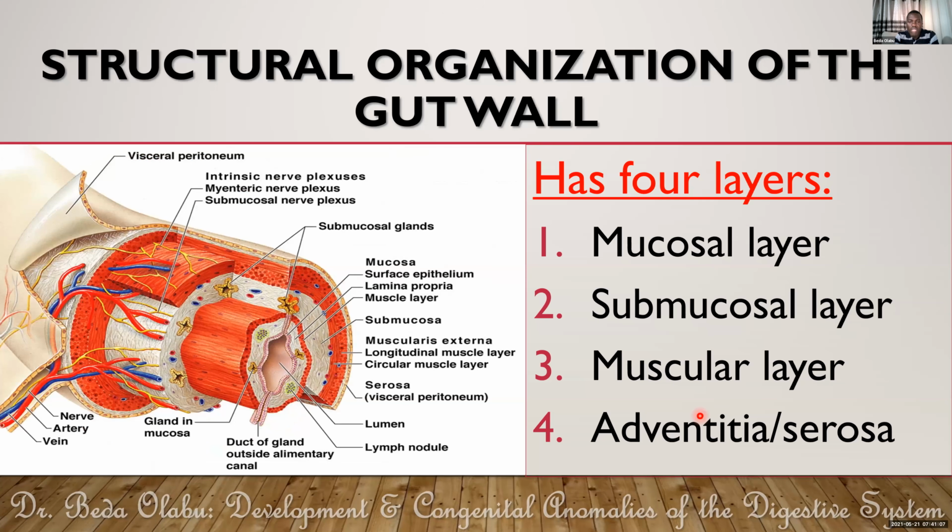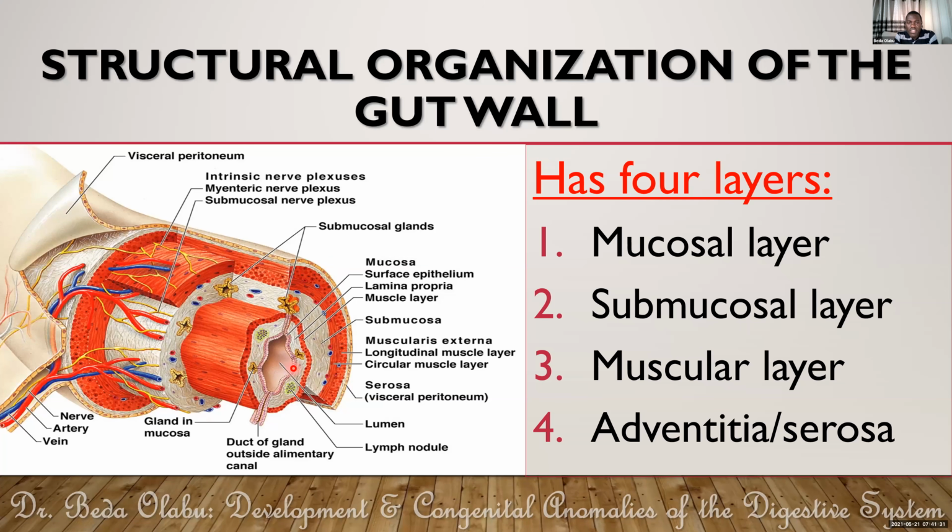If you look at them in terms of tissues, then we have epithelial tissue. The epithelium forms the epithelial lining as well as the glands within the wall. They could be submucosal glands, they could be mucosal glands.